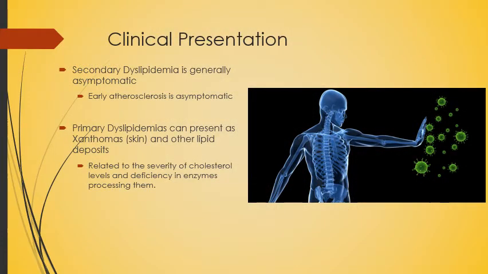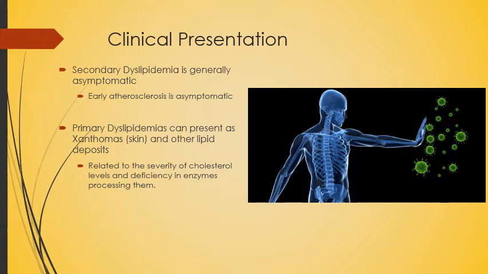Clinical presentation here is pretty simple. For secondary dyslipidemia, it's generally asymptomatic, right? Early atherosclerosis is asymptomatic. People don't complain about their dyslipidemia. They're generally screened for it and they're taking medications. Things are different though with primary dyslipidemias, and you'll see this when we talk about these later on in the talk.